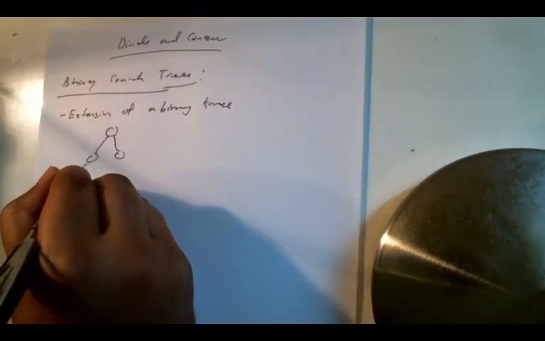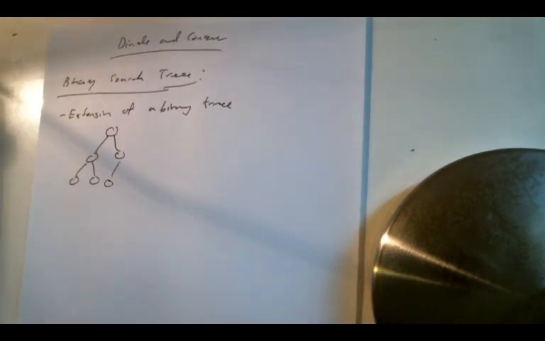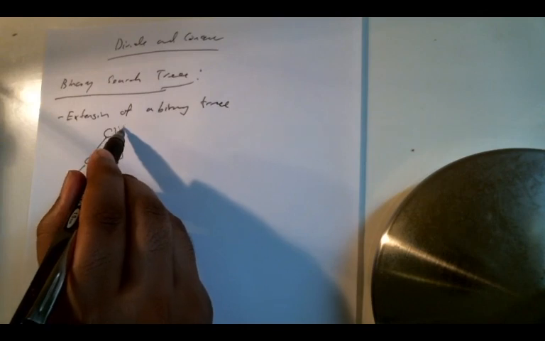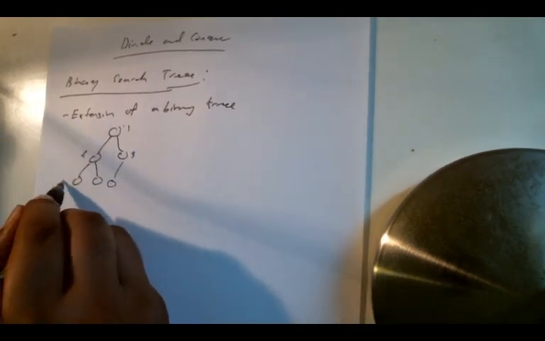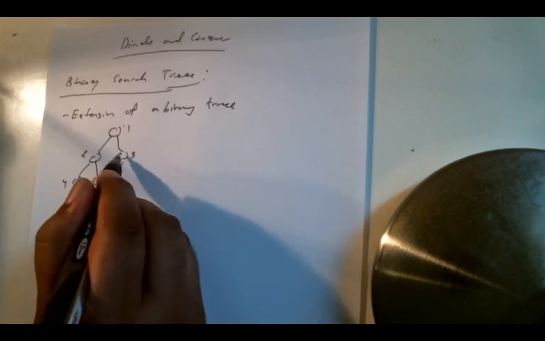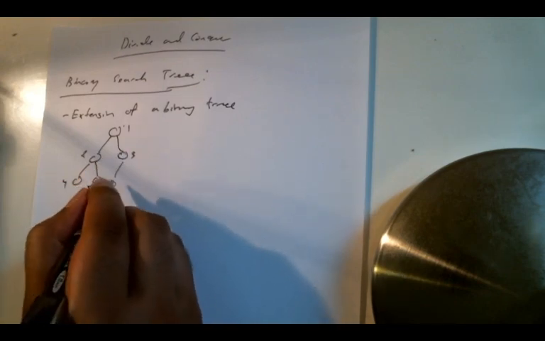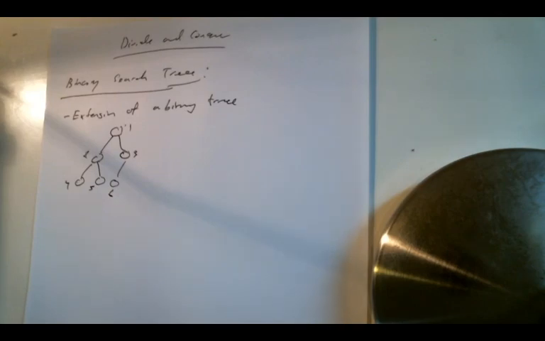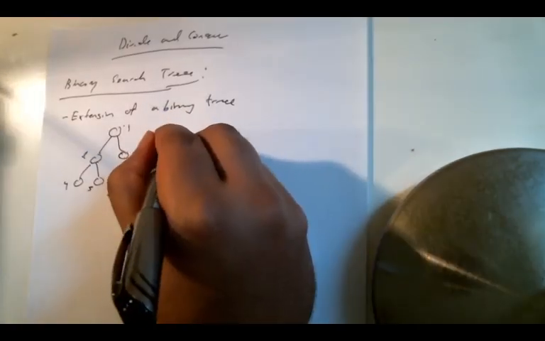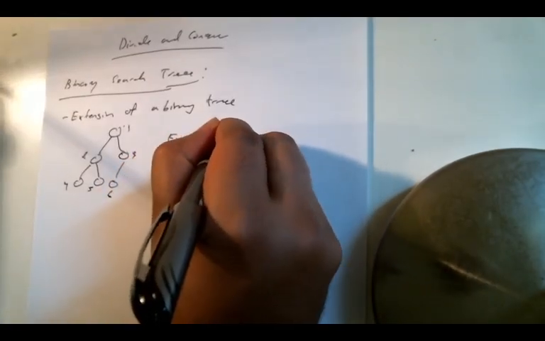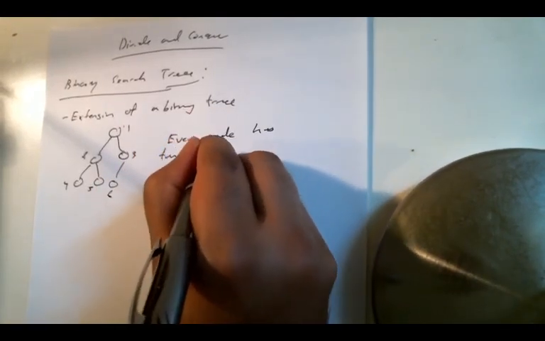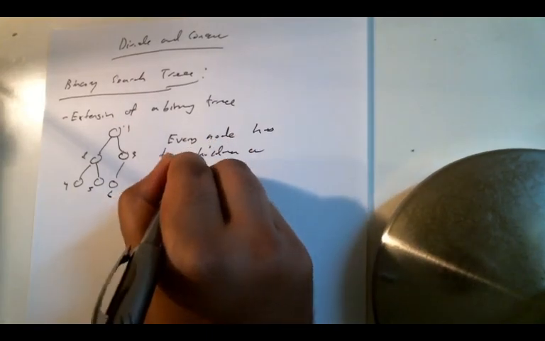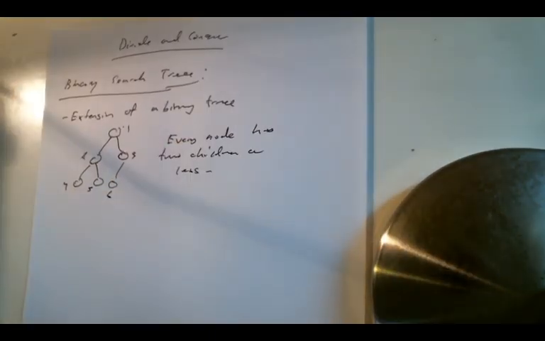So for example, this is a binary tree because every node, so this node 1 say, has 2 children, let's say 2 and 3, 2 has 2 children, which are 4 and 5, and 3 has less than 2 children, which is 6 in this case. All right. So every node has 2 children or less. That's why it's called a binary tree.